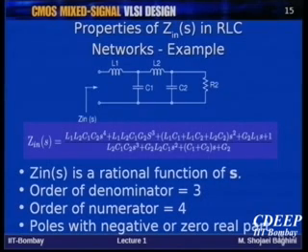And this is meaningful because what does it mean? If all poles have negative real part, it means that it is stable, and this will happen.